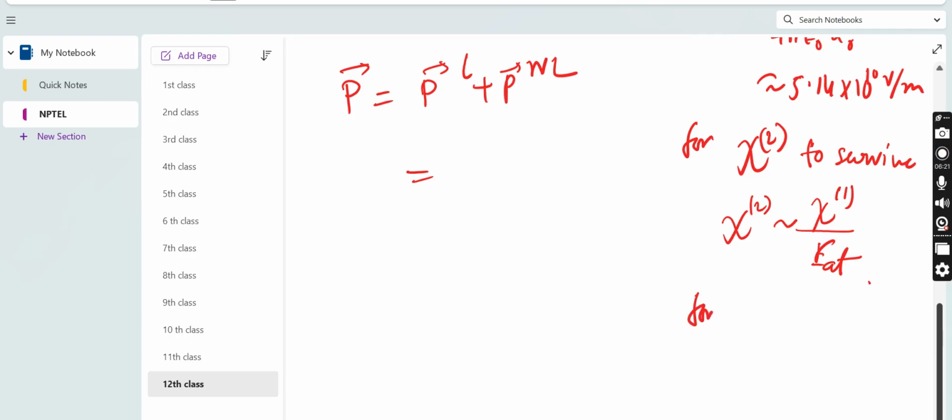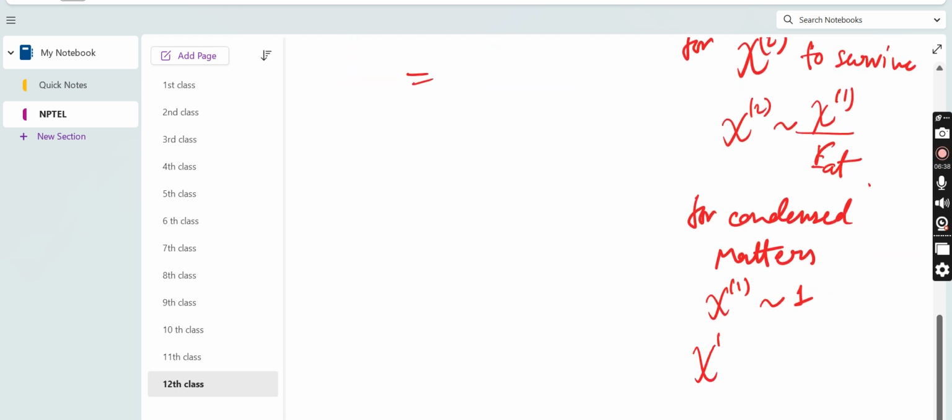For condensed matter, chi 1 is of unity. Then chi 2 would be 1.94 times 10 to the power minus 12 meter per volt.